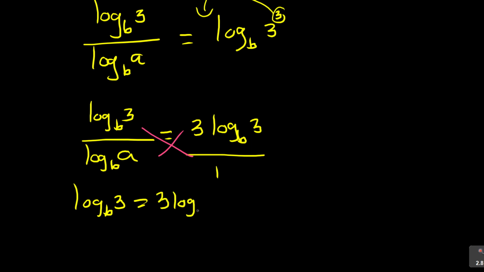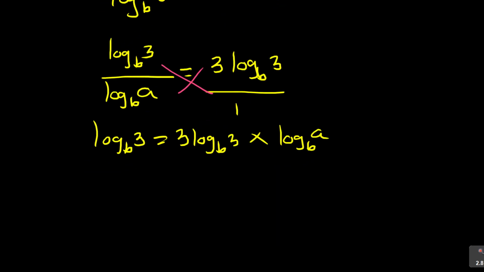times log base b of a. I should have done a quicker one, but I just want to show you how I'm doing it. At this stage I should have done this already. Cancel this. It was fine, but I delayed it intentionally so that you see what's happening. So here I'm going to divide everything by log base b of 3, which is common.